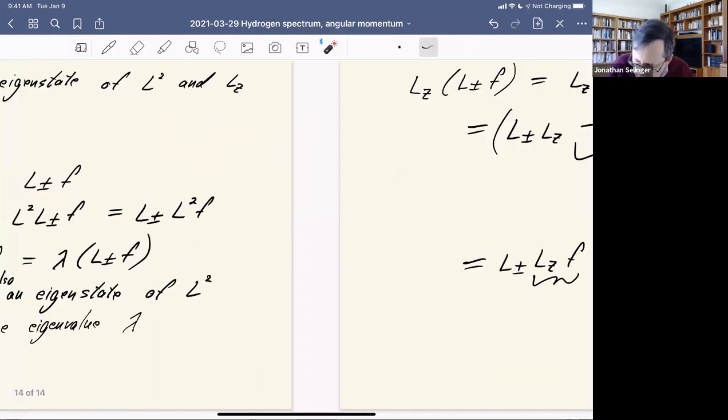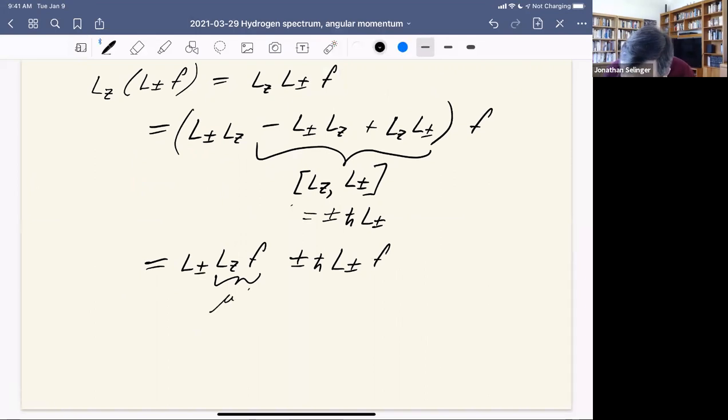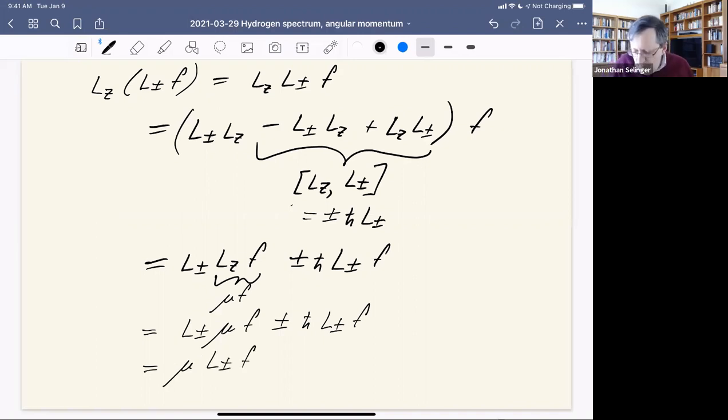LZ acting on F is mu F. So this is L plus or minus acting on mu F plus or minus H bar L plus or minus acting on F. So that is mu times L plus or minus acting on F plus or minus H bar L plus or minus acting on F. Each of these terms is some number times L plus or minus acting on F. So this is the sum or difference of those numbers: mu plus or minus H bar times L plus or minus acting on F.